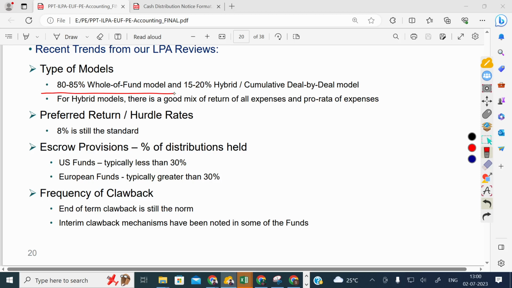So most investors are looking for the whole of fund model. An investor will always look for the safer side or protection of investment, and the whole of fund model is the best one. If it does not exist, they're okay with hybrid as well. Cumulative deal by deal, as I said, only a few investors will prefer it, not all.